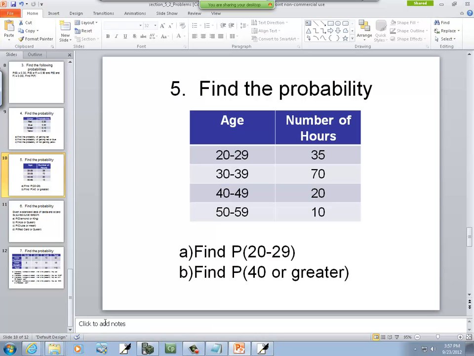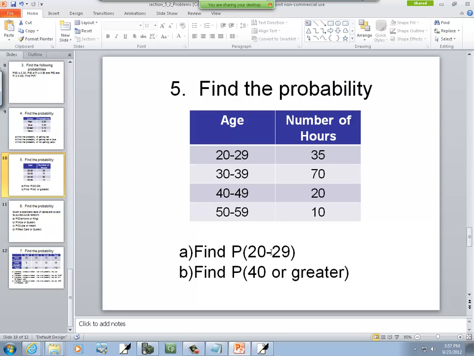Now I'm leaving some items out of this. I'm not writing that everything's random and everybody has an equal chance of being chosen. Now this says find a probability that's between 20 to 29.